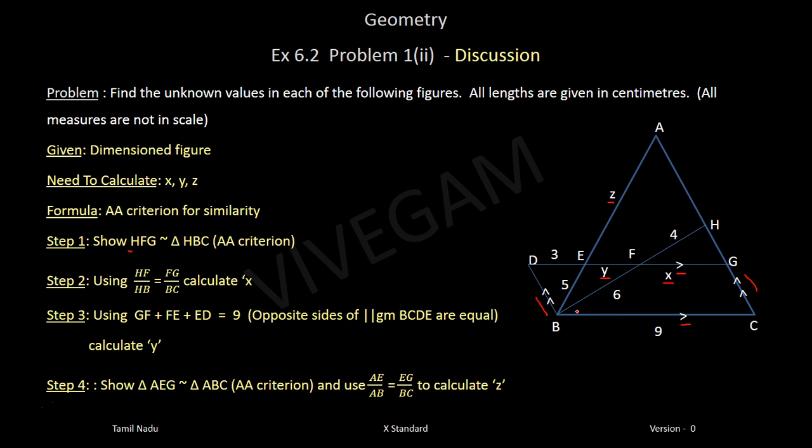That is, angle E will be equal to angle B, because these two lines are parallel. So two angles in this triangle are equal, which means these two triangles are similar. That is, AEG is similar to ABC. Once that is there, then you have AE divided by AB will be equal to EG divided by BC. And using this relationship, you will be able to calculate z.